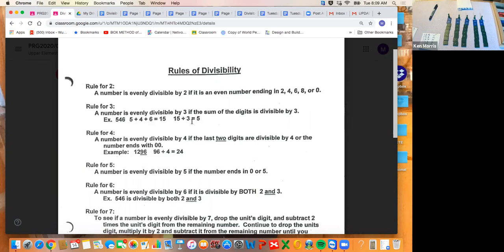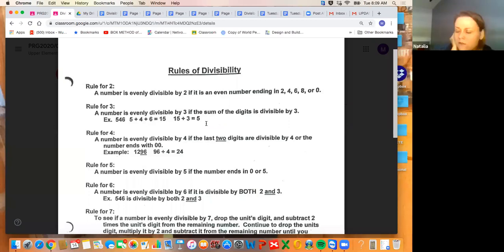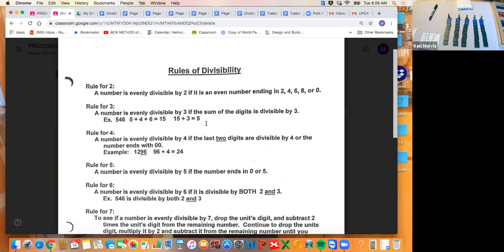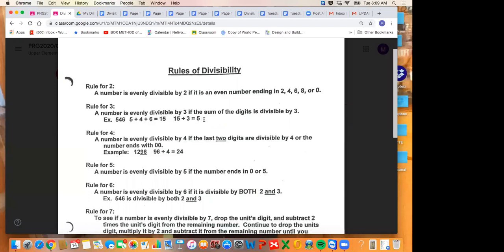I'm not sure why it says this. Never noticed that before. I've been using this forever. All right, so I will make a note. But it's not plus. It says 15 divided by 3 equals 5.